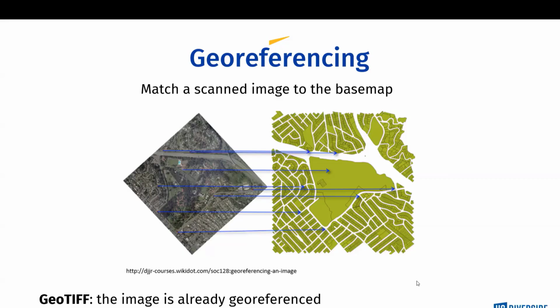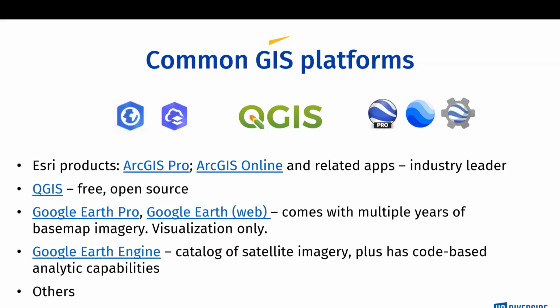Well, I've been mentioning a few of the GIS platforms so far without really going into it. And I just feel at this point is a great time for us to talk about some of the GIS platforms that are out there. I've mentioned ArcGIS a few times, ArcGIS Pro, ArcGIS Online. There's many other softwares, and they are all created by this company called Esri, which is also based in the Inland Empire.